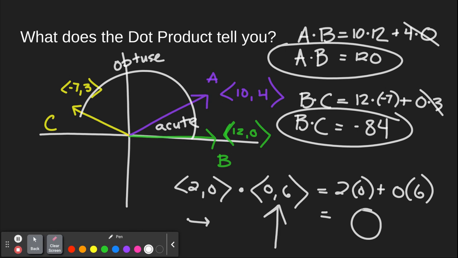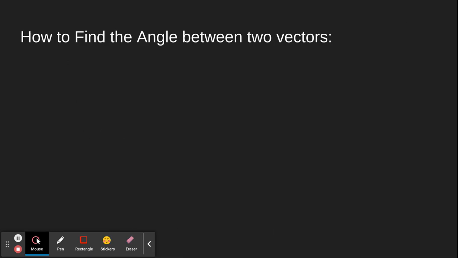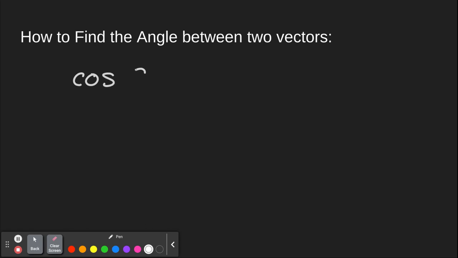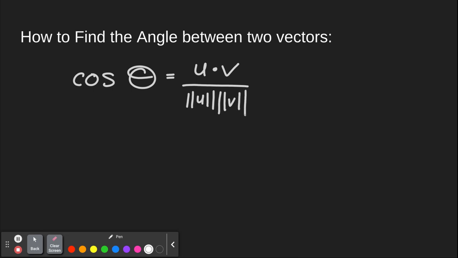So, no surprise here. We use the dot product to find the angle between vectors. So how do we do this, okay? Well, you're going to want to write down this formula. The formula is cosine of theta is u dot v over the magnitude of u, how big it is, times the magnitude of v.